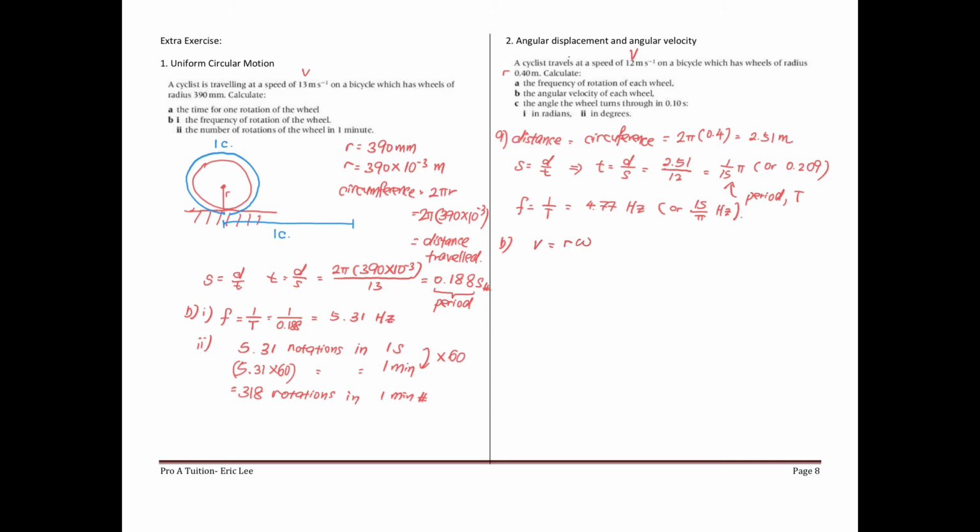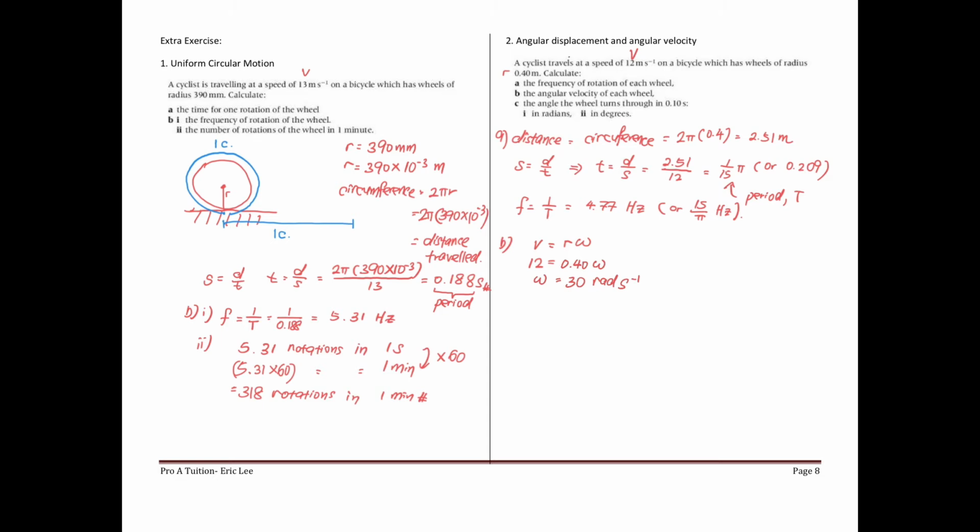As we know v, which is 12, and the radius is 0.40, omega is what we are going to find. By rearranging this, we will get 12 divided by 0.40, and we will get 30 radian per second.